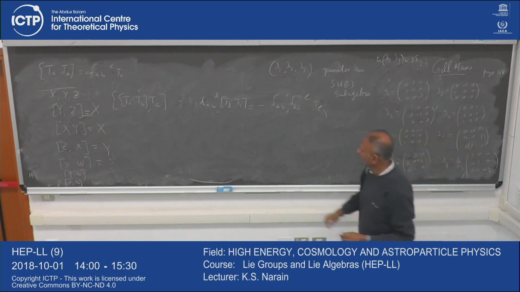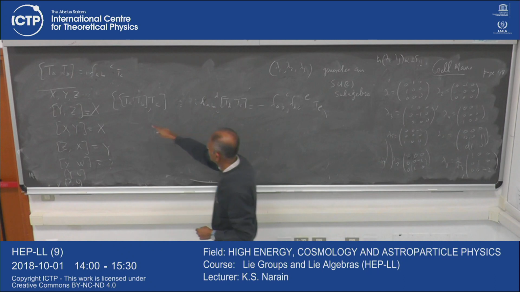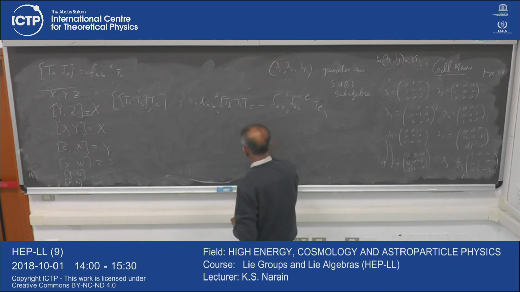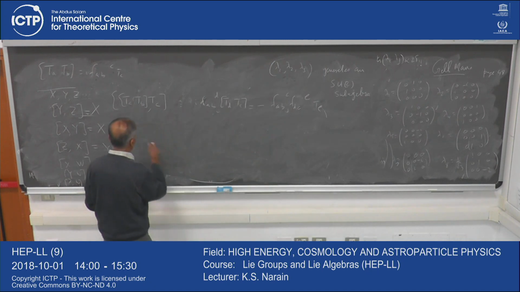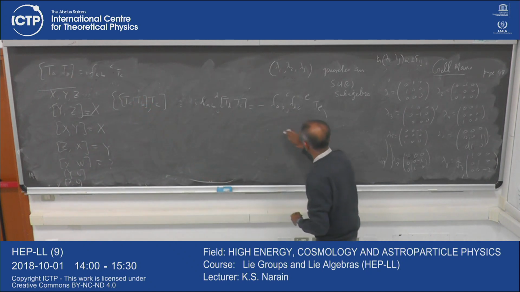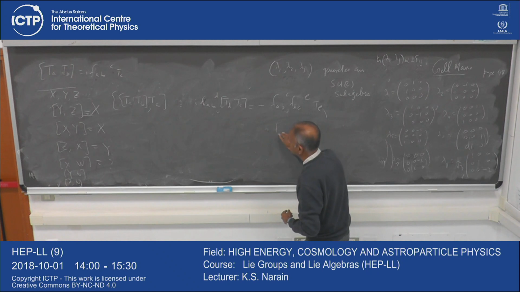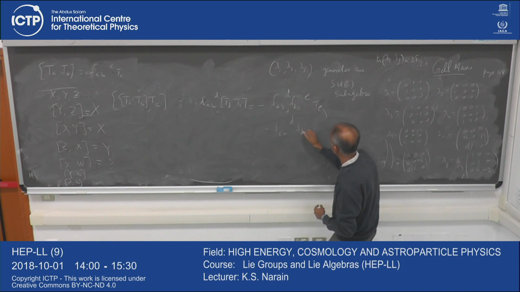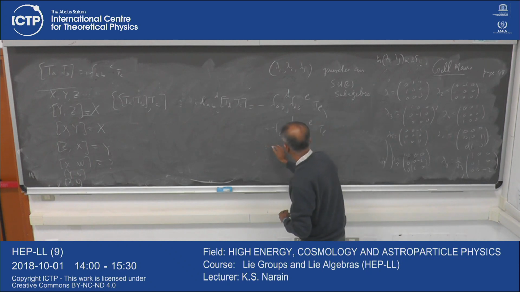So I get that. Now you start cyclically moving, because I want to cyclically move this and add them up, and I should get a 0, right? That tells me that if I rotate C with A and B, then I will get another one, which will be f^C_{AD} f^D_{B E} T_E, with the minus sign, and the last one.